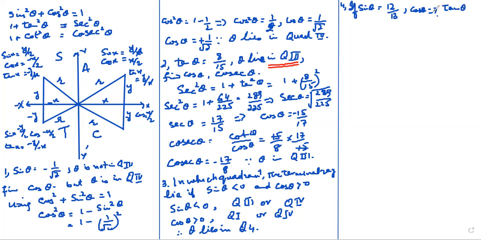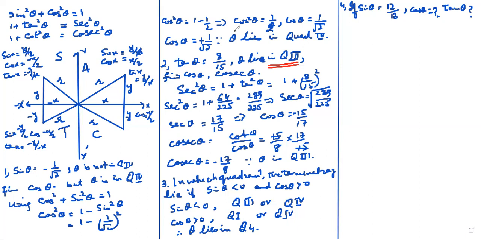Right. Sine theta is equal to 12 over 13. We need the cosine theta value and the tangent theta value. So sine theta is equal to this.